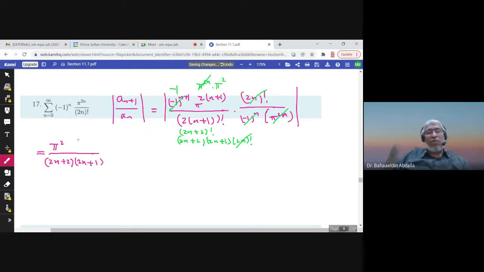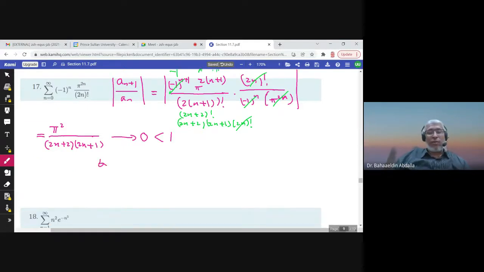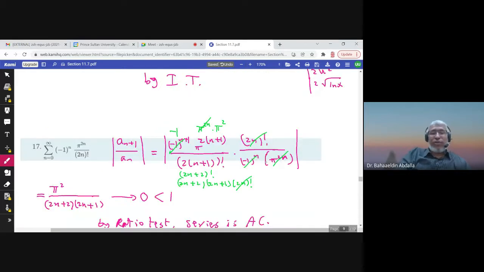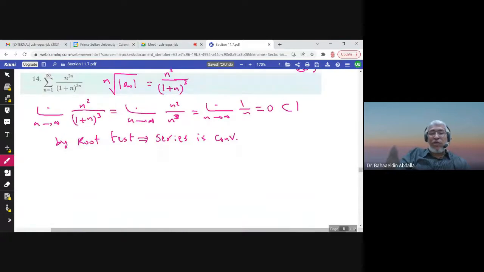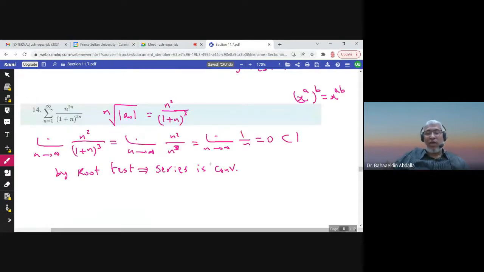And when I take the limit when n goes to infinity, this quantity will be pi square over infinity, which is 0. And 0 is less than 1. So by ratio test the series is absolutely convergent. Of course, if you say convergent, that's also okay.